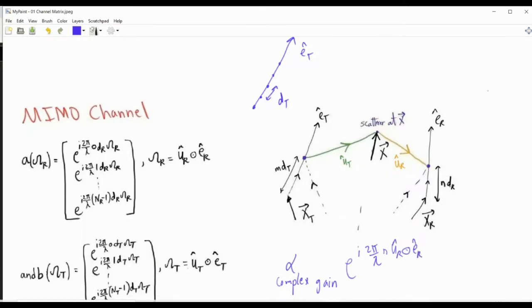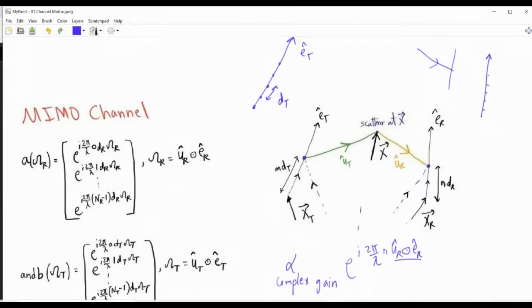ER is a unit vector in the direction of the line along which the receive antennas are placed. And UR is this vector here. So this is the coming path, a unit vector in the direction of the coming path. And as you can see here, you find the dot product.